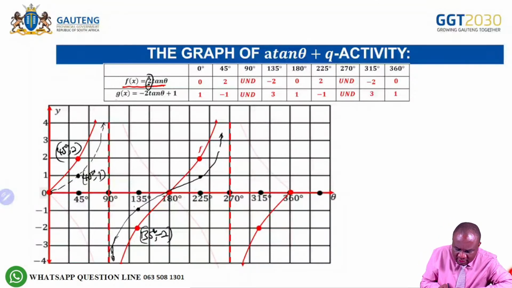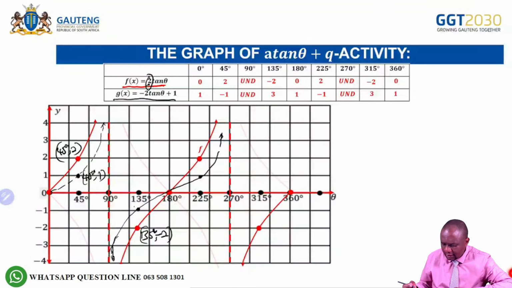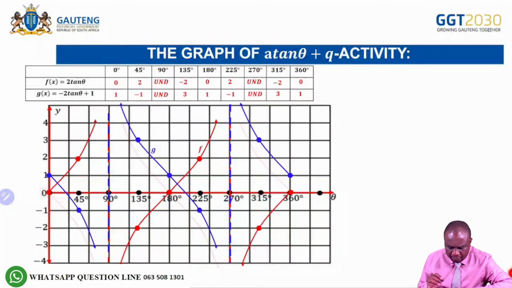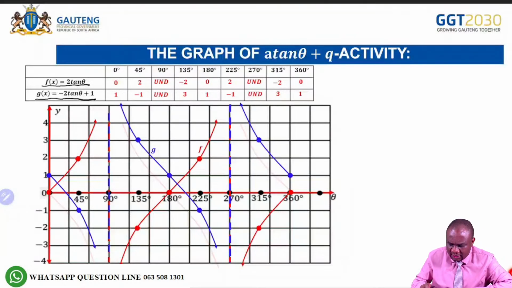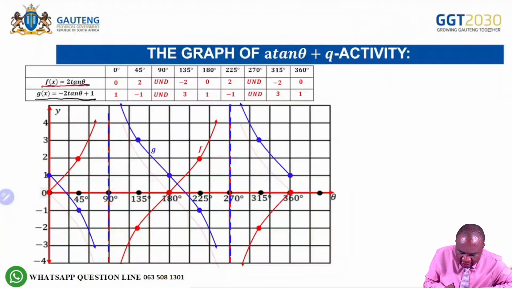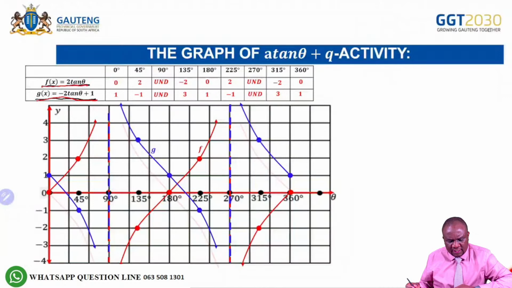And then let's discuss g of x now. If you check, the blue graph represents g of x. This is the equation of f of x. This is the equation of g of x. I want us to compare these two graphs. Right? F of x and g of x. I'll give you time to discuss this.